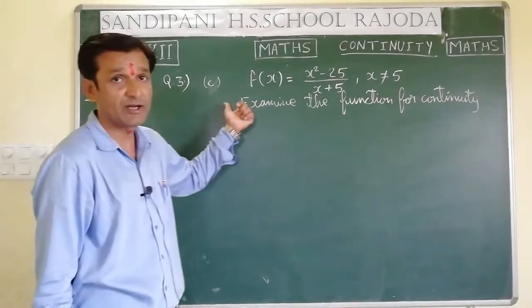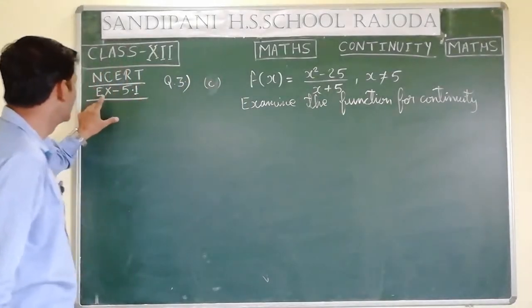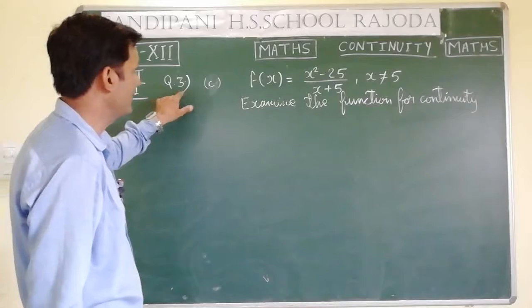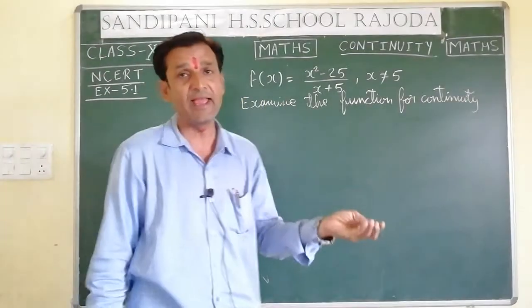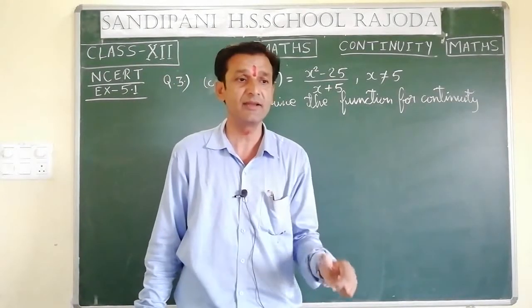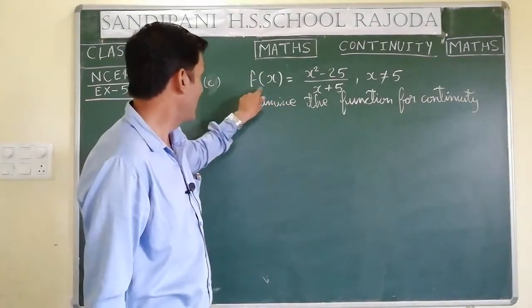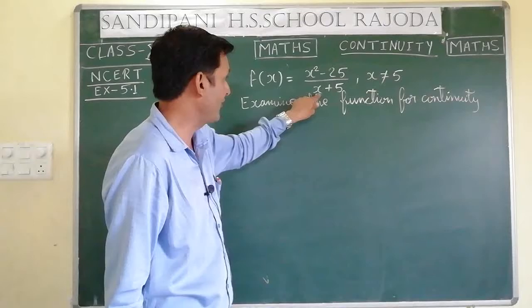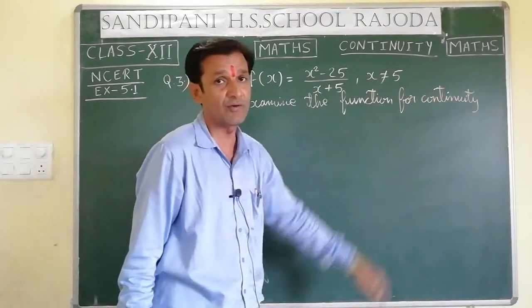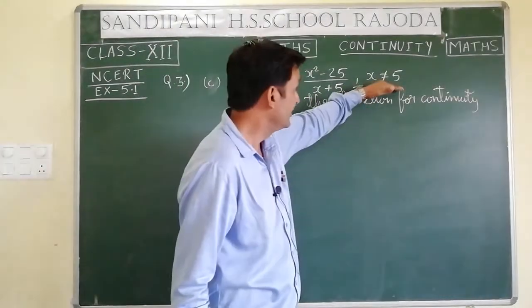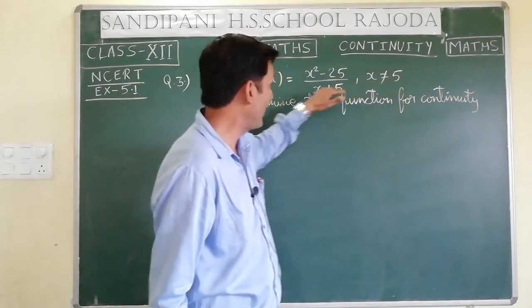Here is one more question related to NCERT, exercise 5.1, question number 3C, because A, B, C and D are all similar questions, out of which I am explaining one here: f of x is equal to x square minus 25 upon x plus 5, where x is not equal to minus 5.